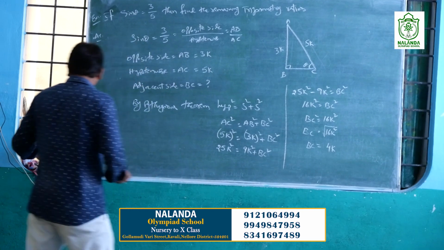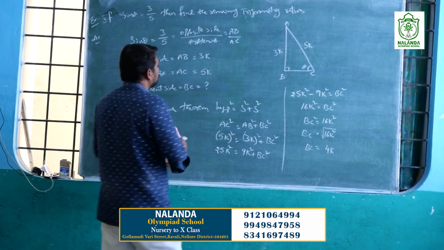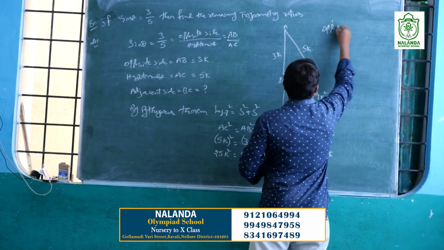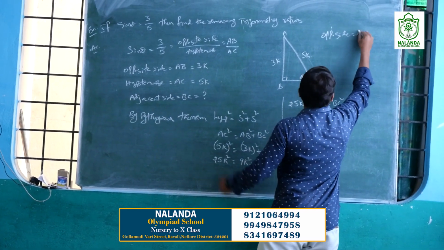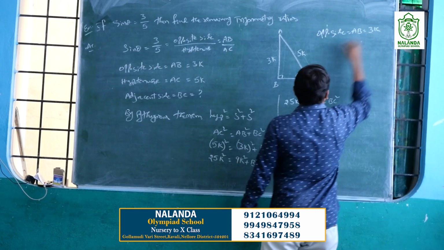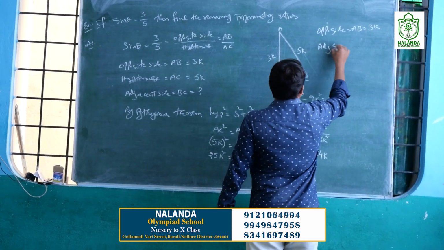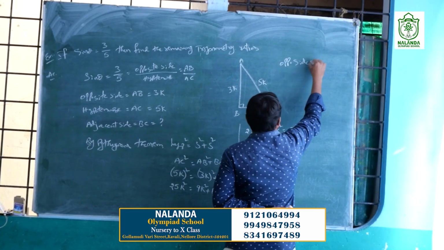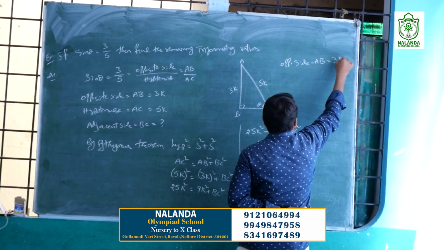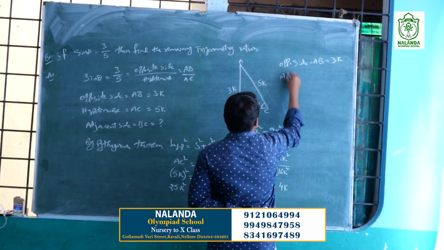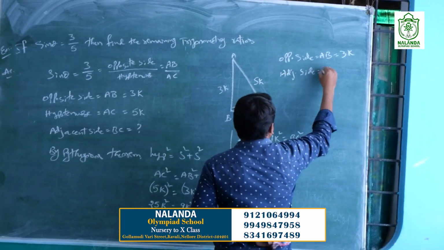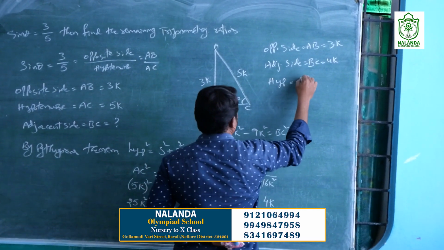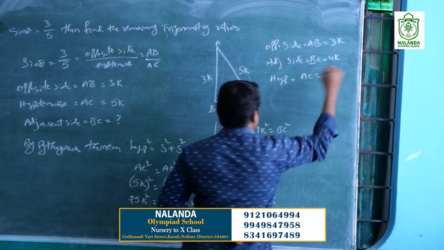I write here: opposite side AB is 3K, adjacent side BC is 4K, and the hypotenuse AC is 5K.